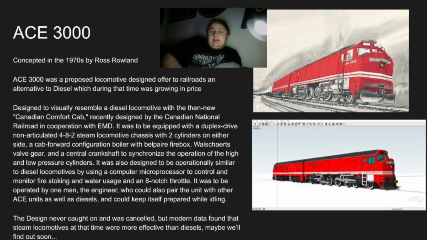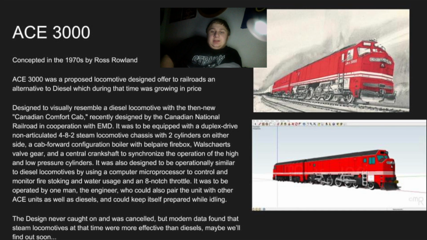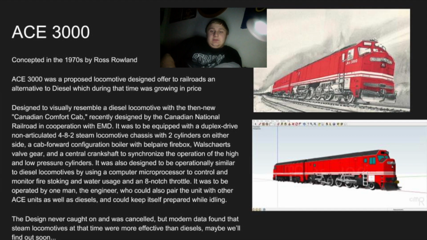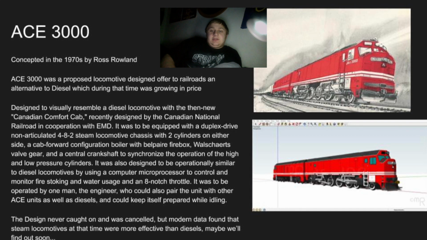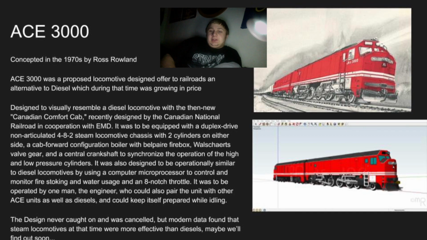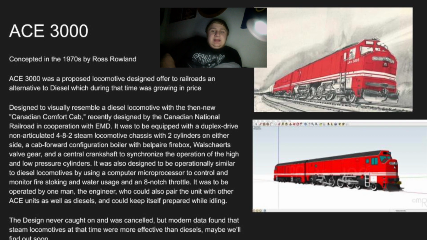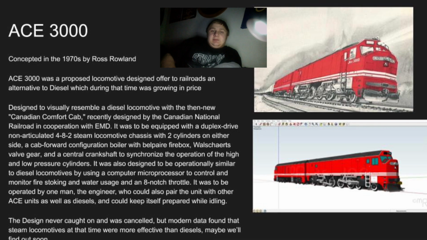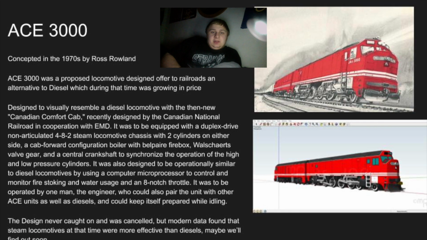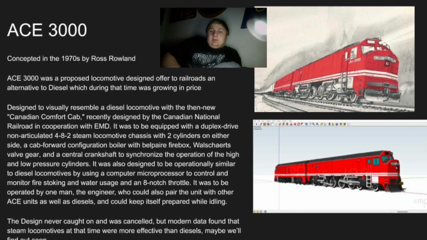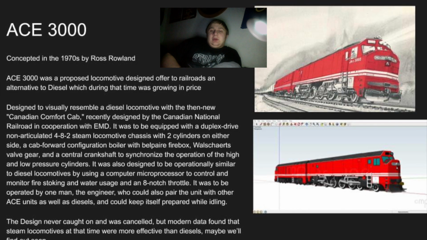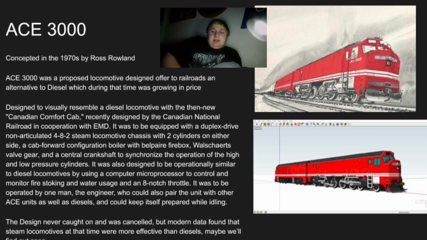It's a 482 locomotive with 2 cylinders, a cab forward configuration with a large firebox. It's also got Walschaerts valve gear. Very complicated. And it was made more like a modern locomotive. It could actually be driven with computers. It had a computer on board that could actually maintain boiler pressure and also operate the engine.